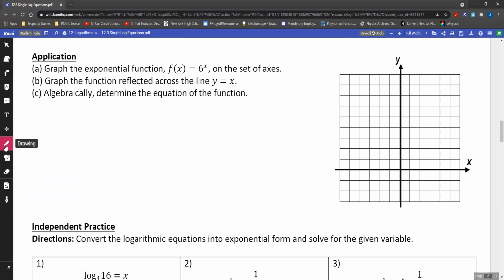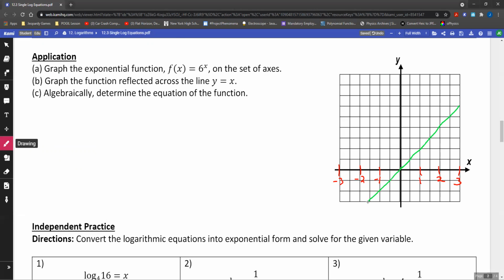So I'm going to be going 1, 2, 3, and -1, -2, -3. Recall that part B says that the function should be reflected across y equals x. So I'm just going to draw that line here. Try and draw as straight as I can.